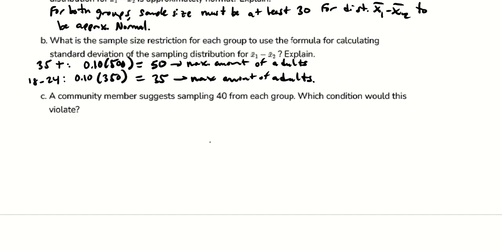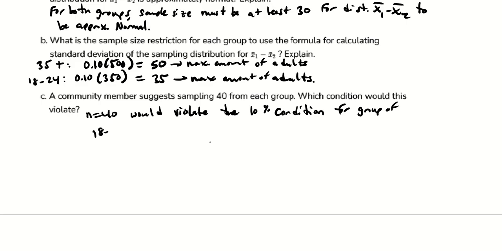So n equals 40 would violate the 10% condition for the group of 18 to 24, since it would be greater than 10% of the population.